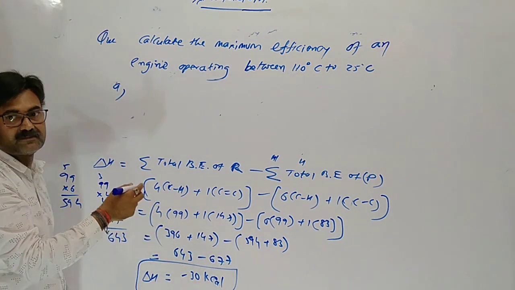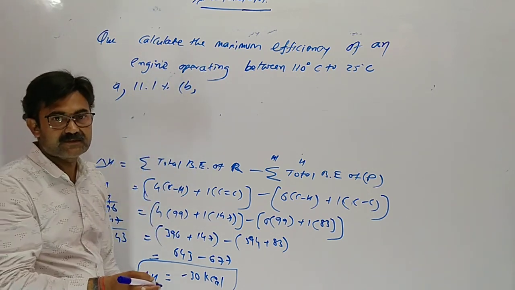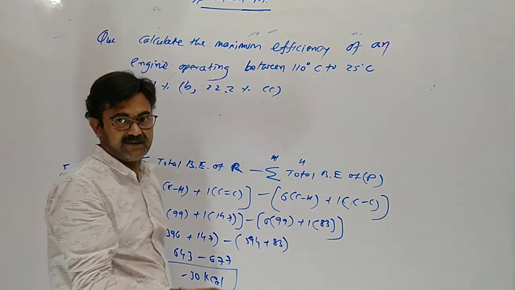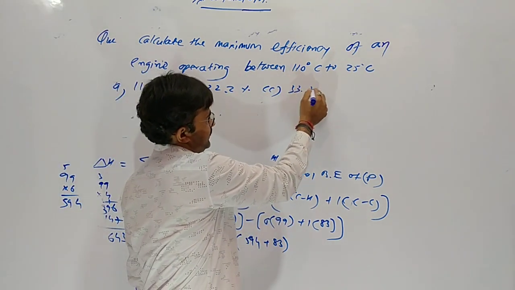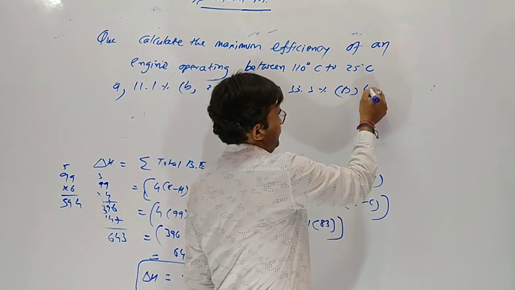Options are A, 11.1%, B, 22.2% efficiency of the engine, C, 33.3% and D, 44.4%.